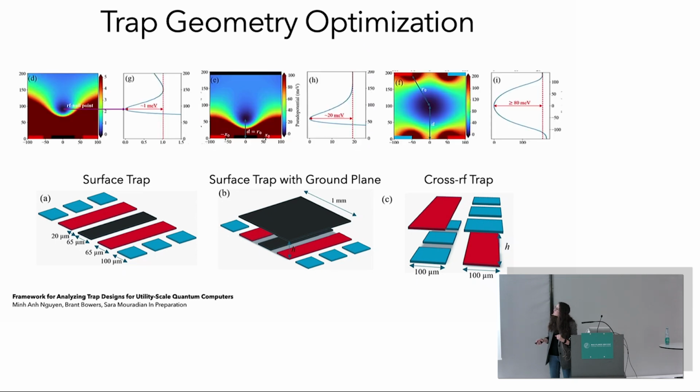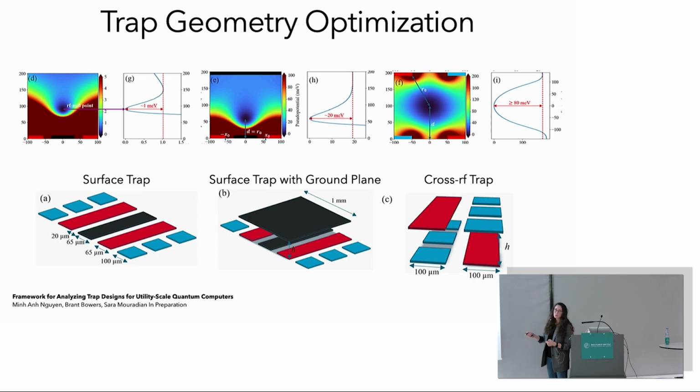Okay. And we can already see that as we increase the complexity of the trap or make it more 3D, things get better. So this is three comparable geometries for the three different options. And you can see a few things.